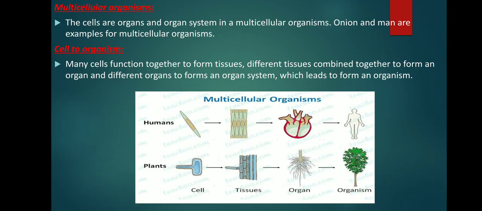Multicellular organisms are developed by cellular specialization and division of labor. The cells become efficient in a single process and become dependent on other cells to carry out various processes. Multicellular organism examples: human, dog, cow, cat, chicken, tree and horse.